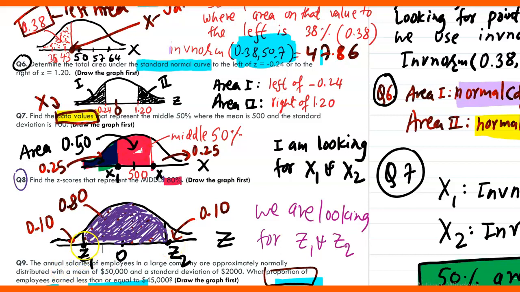If I ask you what's the area on the left of z1, that's what you need. Obviously, total area here is 80%, remaining is 20%. That must be 10% on each side. Therefore, the area is 0.10 on the left of z1, and 0.10 on the right of z2.